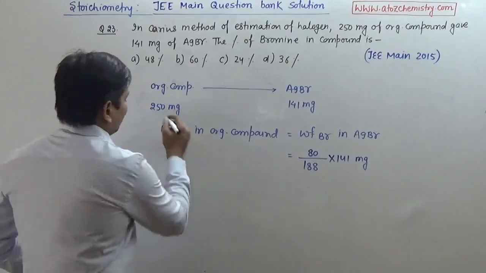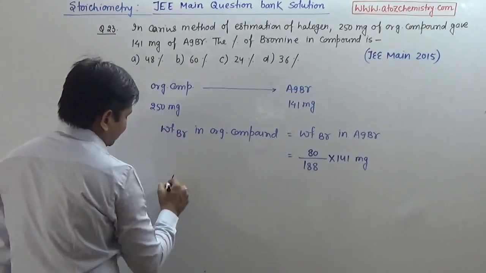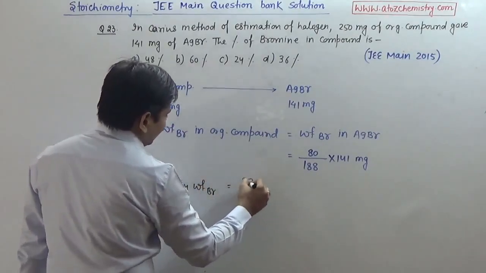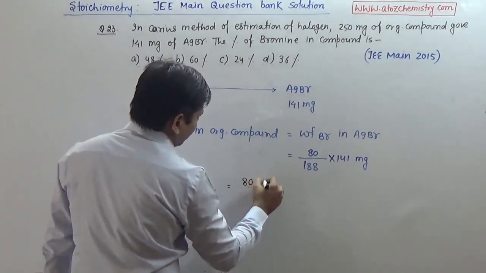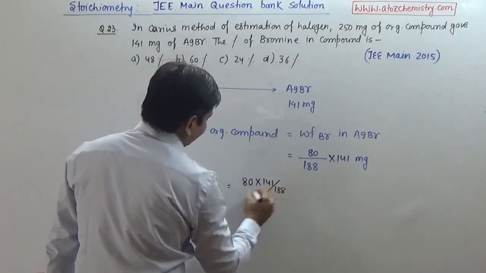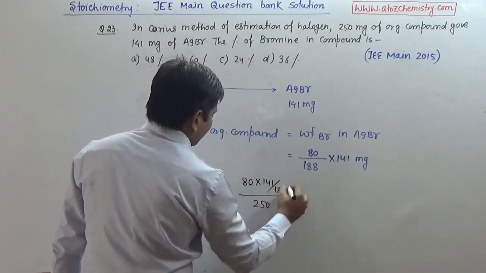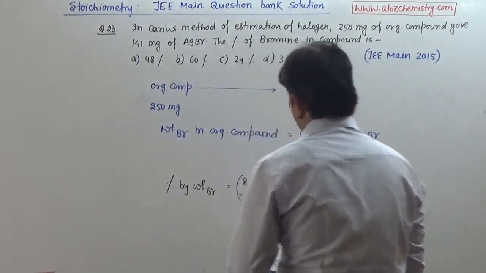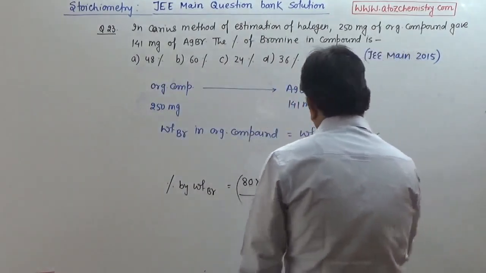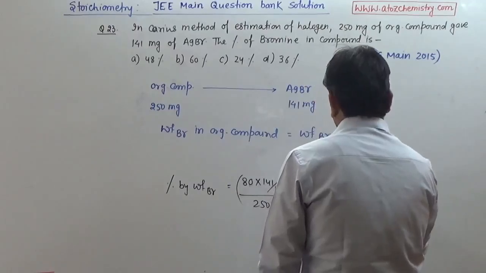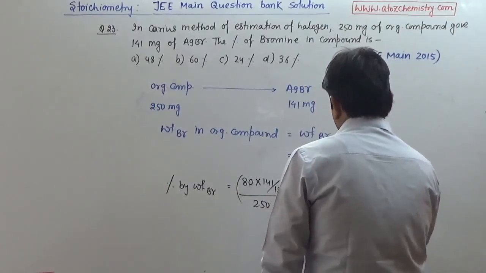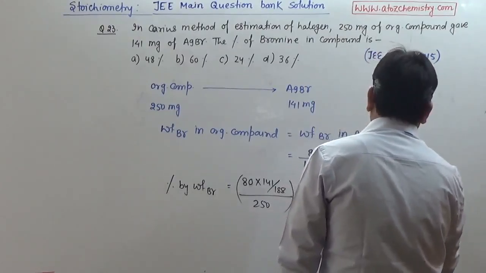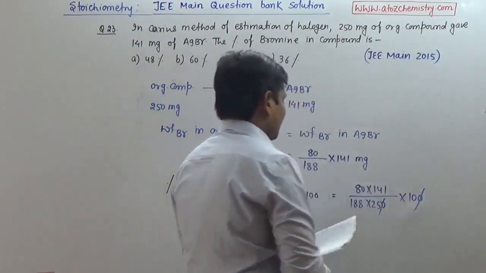Now the weight of the compound has been given, so the percentage by weight of bromine will be simply calculated as 80 into 141 divided by 188, divided by the total weight 250 milligram. The milligram is on top and bottom, so there is no issue. So we will have 80 into 141 divided by 188 into 250, multiplied by 100, and cancel.